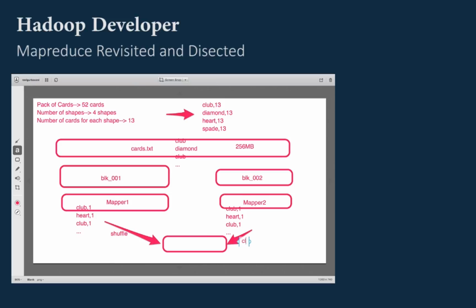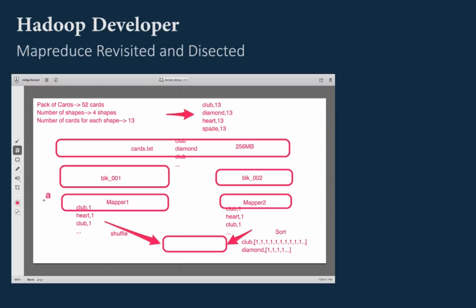So there will be club, and all the ones will be together for 13 times. Diamond. So you have club, diamond, heart, spade, and buckets are ready. And finally, this phase is called the sort phase.